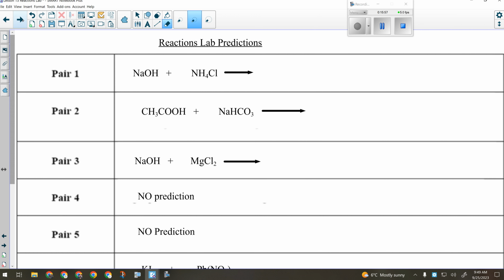Remember, ammonium is that one polyatomic ion that behaves like a metal because it's positively charged. So if we're predicting our products, that would mean that ammonium should end up with hydroxide and sodium should end up with chlorine. Agreed? Okay.